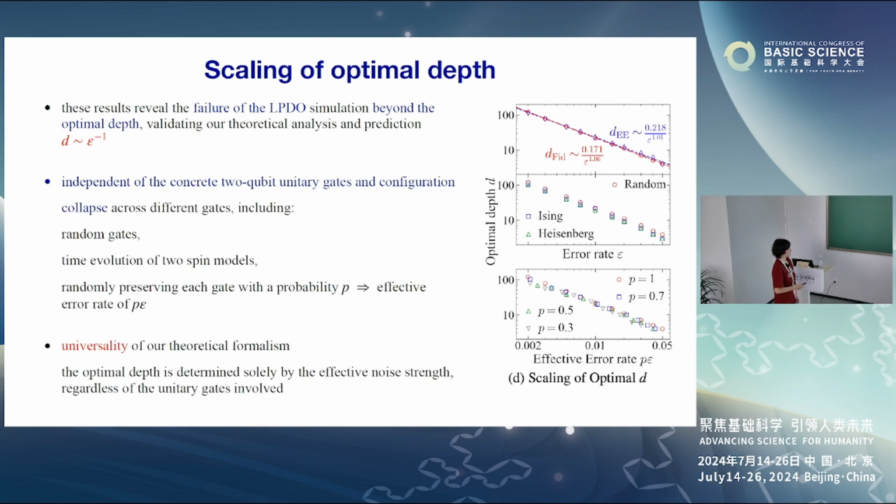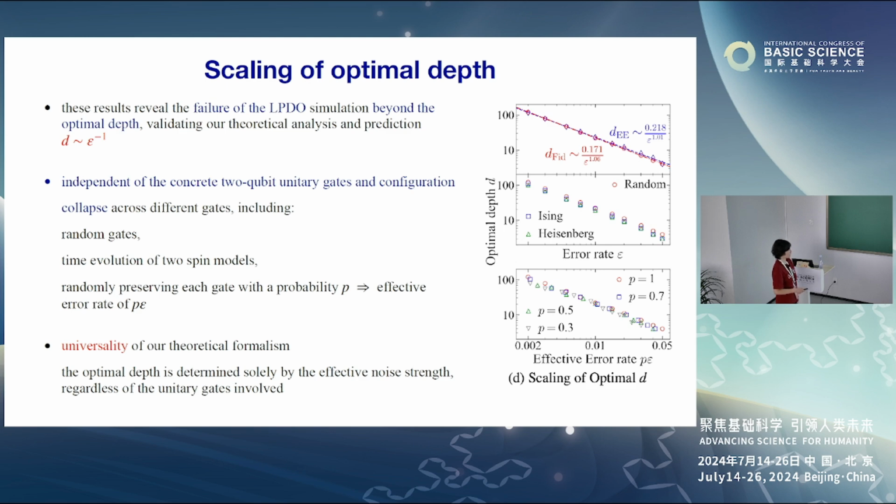We also see this for different kinds of models and different configurations. We can check this for different random gates and for different spin models, randomly preserving each gate with a probability p. This results in an effective error rate of p.